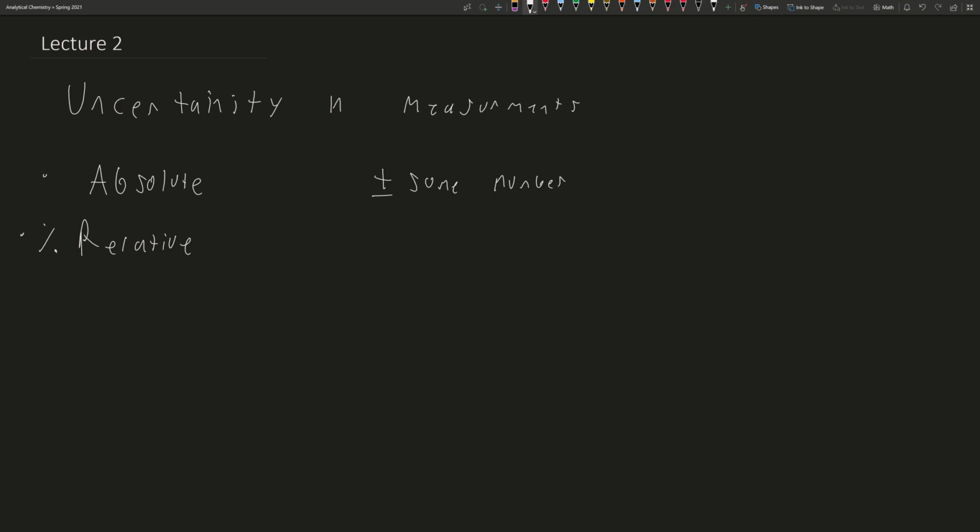Another word that maybe makes more sense to you for uncertainty is tolerance. You see this word more in machining and mechanical processes than in chemistry and math. I think thinking about it as tolerance might be simpler.